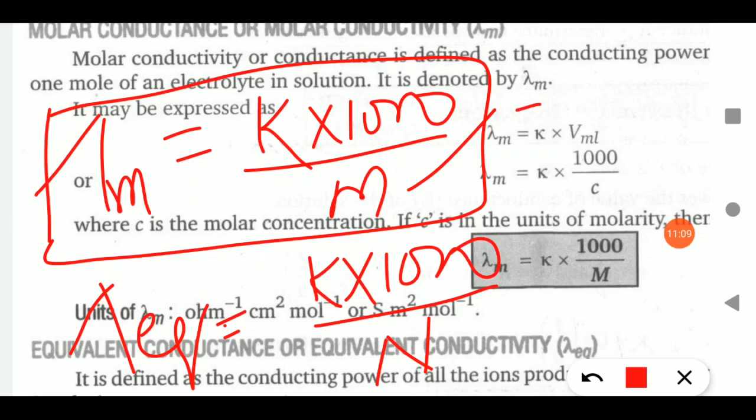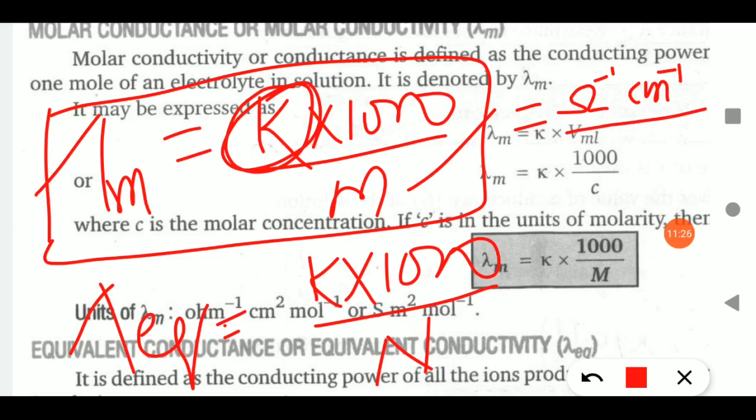Okay, student. So what will be the unit of molar conductance? What was the unit of kappa? It was ohm inverse centimeter inverse. Again I am writing: ohm inverse centimeter inverse upon molarity. Molarity is mole per liter, and per liter will come up. The unit of liter is centimeter cube.